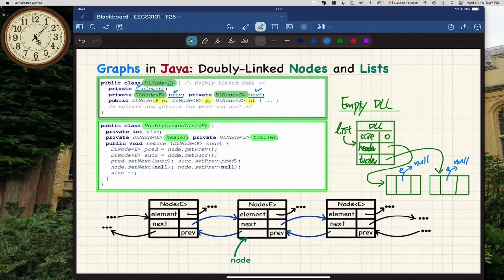And then we got previous and next. Okay, the previous for the header is null. The next of the trailer is always null. Okay, and then we actually got the previous of the trailer points to the header. So this is a previous reference. And also the next reference of the header points to the trailer.